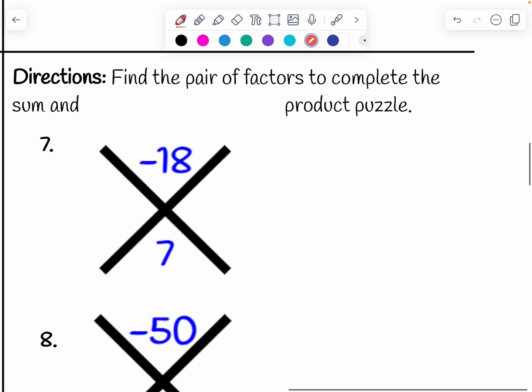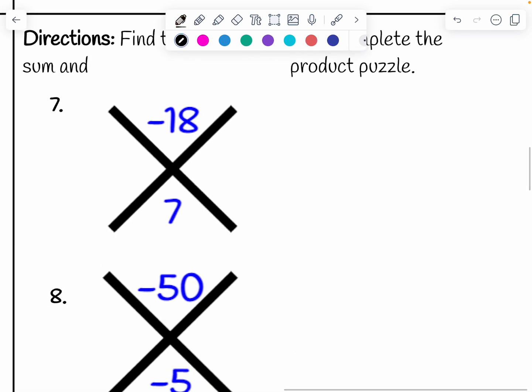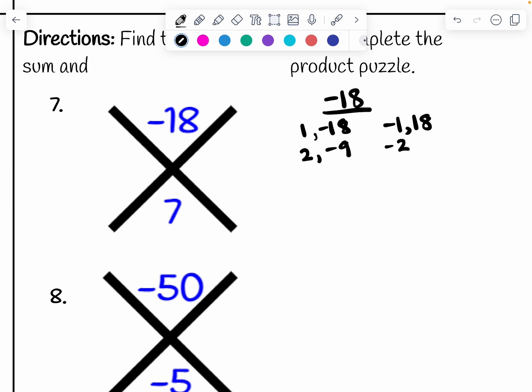Okay, number 7. Let's list all of the factors. Again, we have a negative number, so we have to keep in mind we have to write it 2 different ways. So positive 1 and negative 18, or negative 1 and positive 18. Positive 2 and negative 9, or negative 2, positive 9.